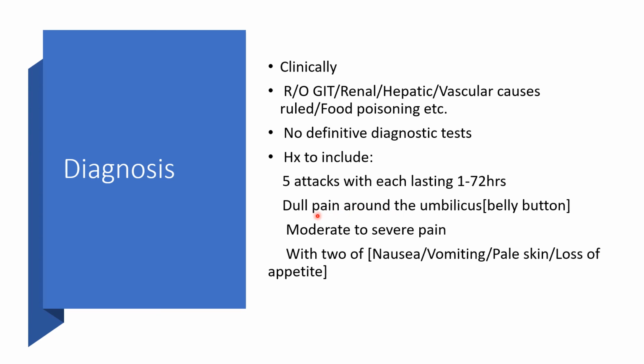The third point is that the pain might be moderate to severe. While point number four is we want to see two of these: either nausea and vomiting, or pale skin, or loss of appetite. There are 4 points here, but we're looking for just 2. Once 2 are present with this, then we can clinically diagnose abdominal migraine.